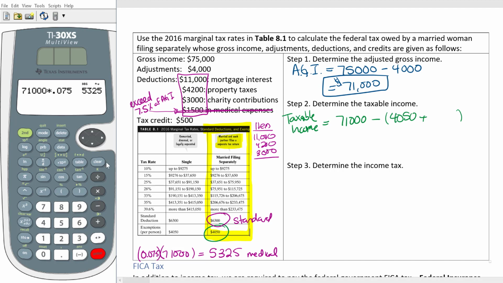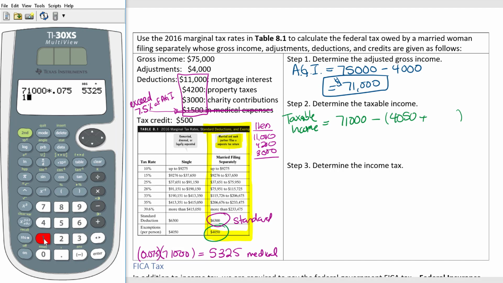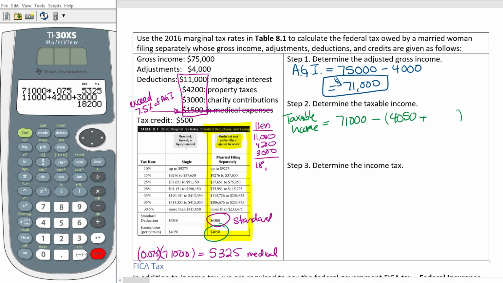Let's find out how much that adds up to be. So we got $11,000, $4,200, and $3,000. And so my itemized is $18,200. Between standard and itemized, it looks like itemized is much better.